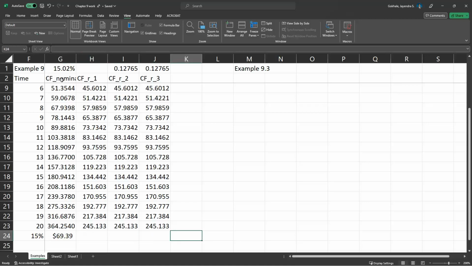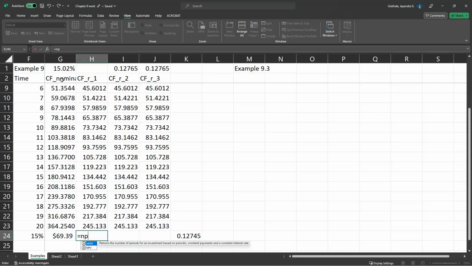So remember, 15.02 is the growth rate, but MARR is 15%. So to find out the real MARR or inflation adjusted MARR, we do 1 plus the nominal MARR divided by parenthesis 1.02, which is the 1 plus inflation, minus 1. That is the inflation adjusted MARR.